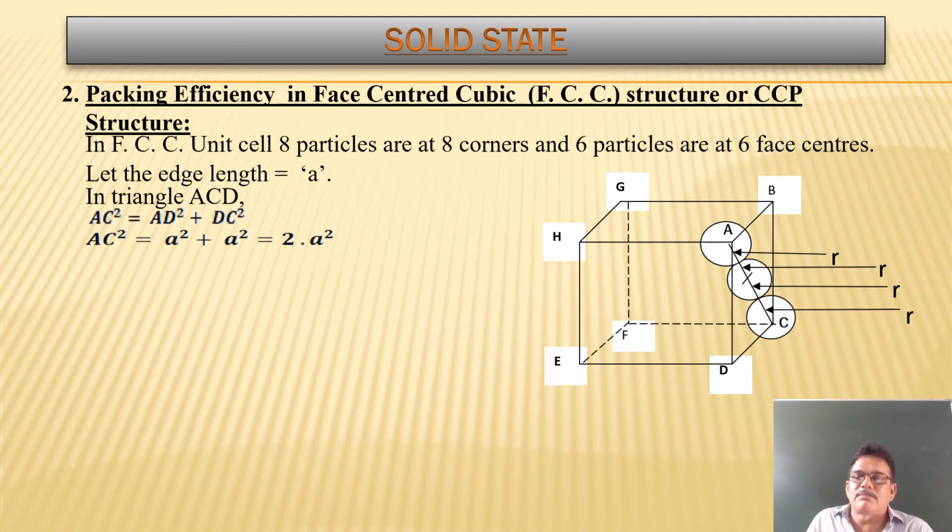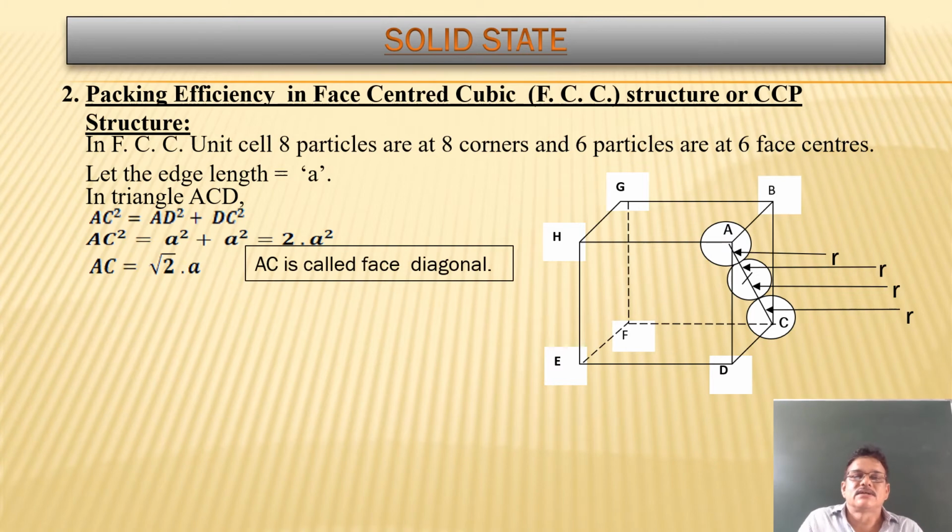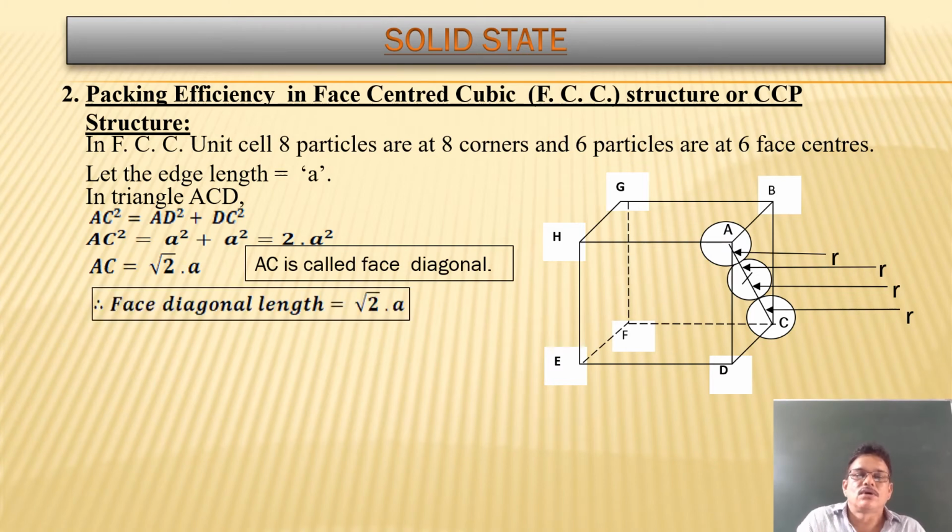So a square plus a square, that is equal to 2a square. AC square is equal to 2a square. AC is equal to, take a square root of 2a square, that becomes root 2 a. AC is equal to root 2 a. That means AC is called face diagonal. So face diagonal length is equal to root 2 a.